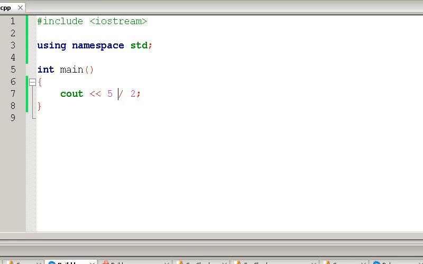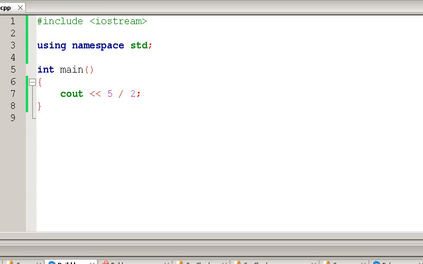So when you use two whole numbers, you're going to get back a whole number. So then the question is, what if I don't want the whole number, but I want to divide 5 by 2 and get 2.5 as a result? My answer is, all you have to do is change one of those numbers to be a visibly non-whole number. How do I do that? It's actually pretty easy.